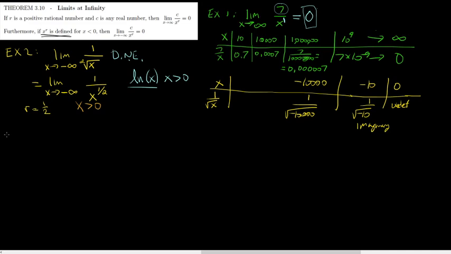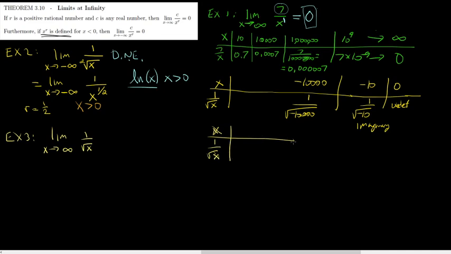Okay. However, continuing with this example, let's take the same limit, but now going to positive infinity of 1 over the square root of x, right? So now we're going to reverse this, and here's x, and here's 1 over the square root of x. Let me try that again. 1 over square root of x, right?